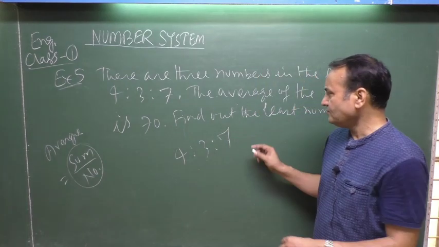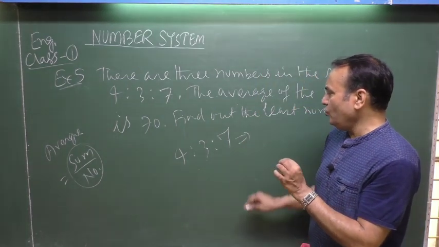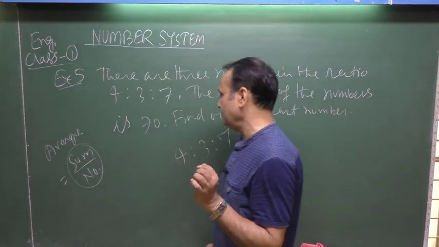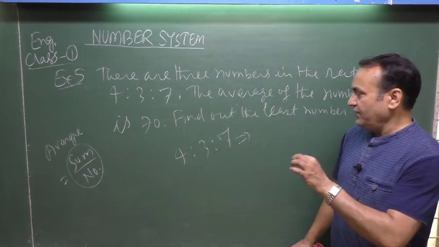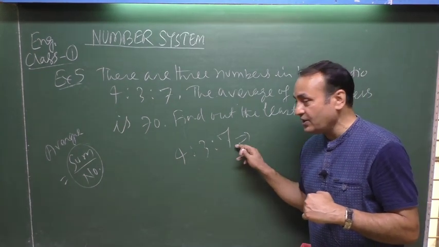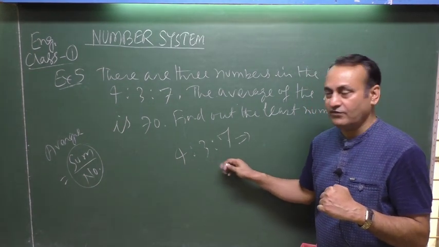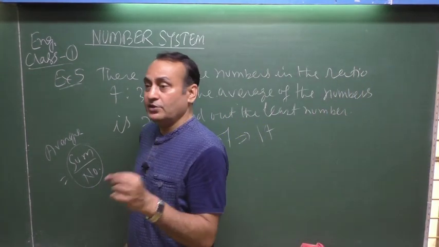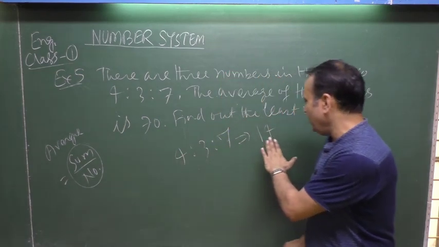See here. If the question had said the sum total, you add these, 4, 3, 7, that is 14, and here 14 would be written.